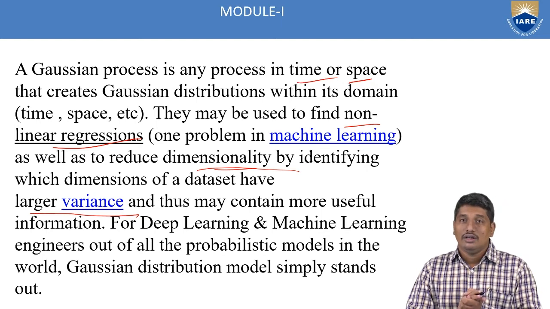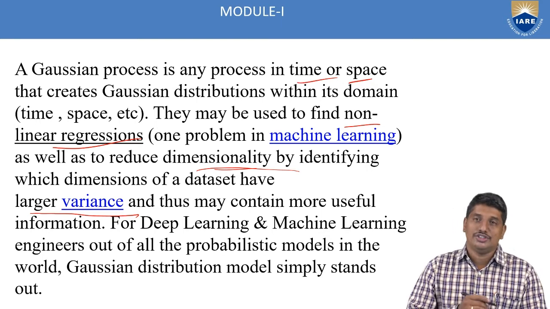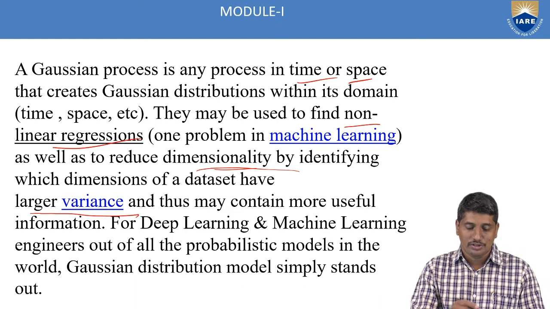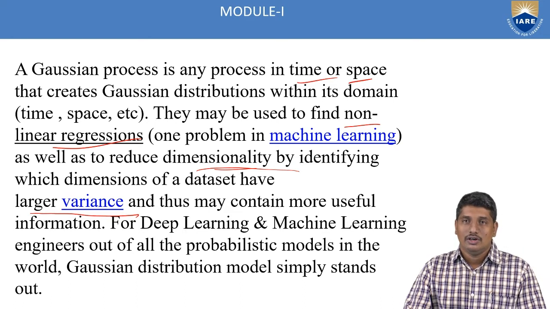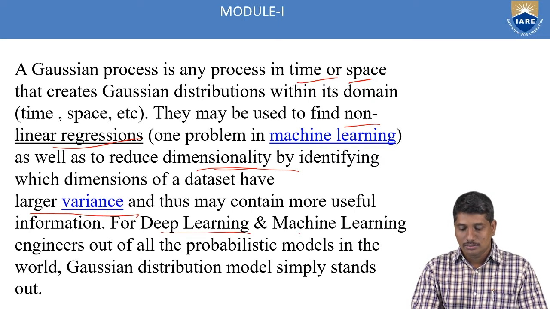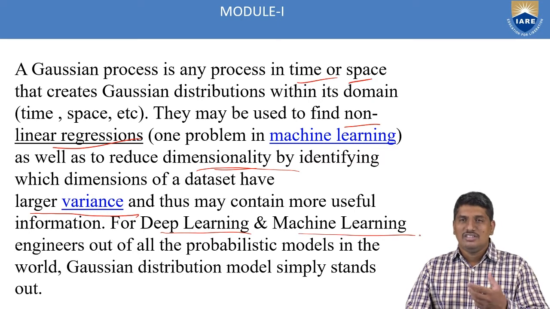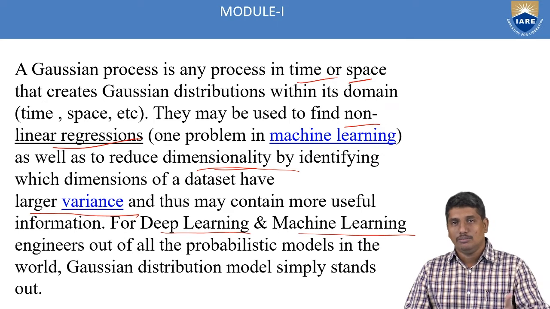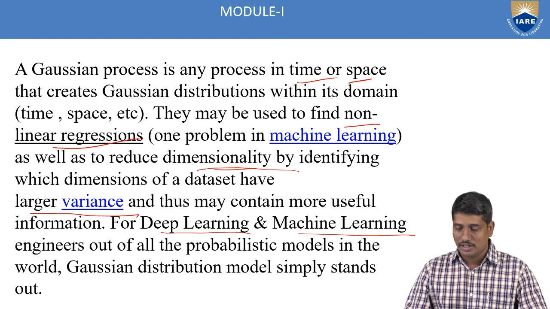That is why the Gaussian distribution plays a very important role in the reduction of data sets, and it has very wide applications in deep learning as well as machine learning. It's just a brief introduction; we'll see more detail in the coming lectures.